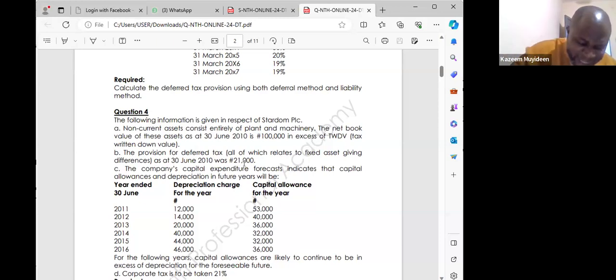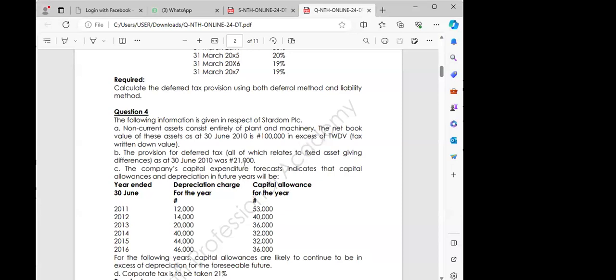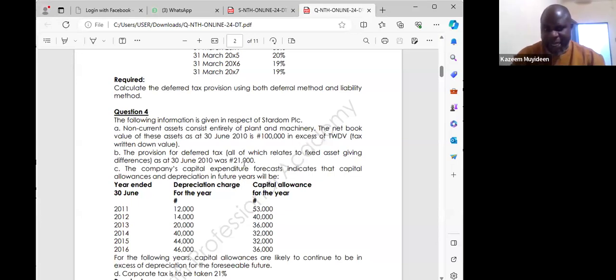The deferred tax asset is not expected, because you are expected to pay the government. It's always expense. But on some occasions, you can have tax credits. That's why they will always use deferred tax. But look at the interpretation from the beginning: 100,000, this is a deferred tax liability.